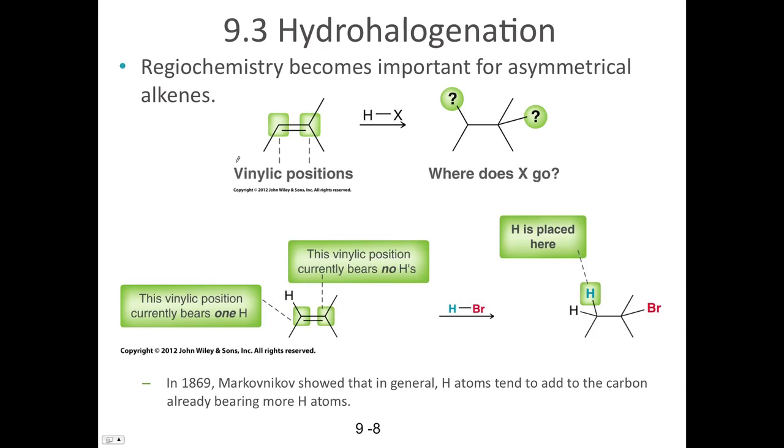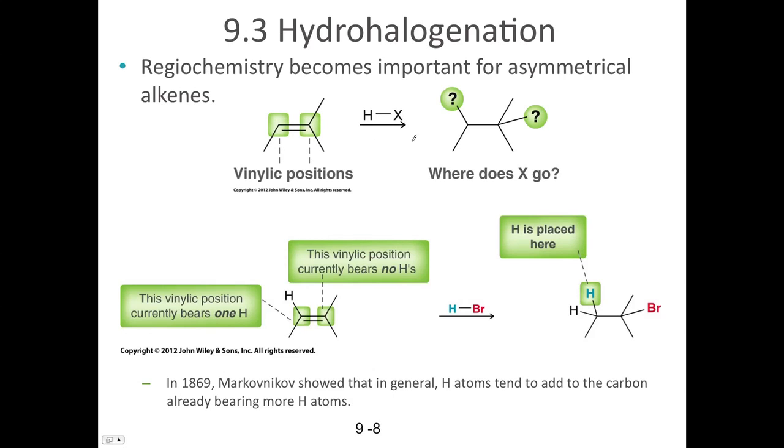So hydrohalogenations. Regiochemistry becomes important for asymmetrical alkenes. Asymmetrical, of course, means one side is different than the other side. For example, here are two sides of an alkene. There's this side here and this side here, and they are very different in terms of their substitution. This one is substituted with two methyls. This one is substituted with one methyl.